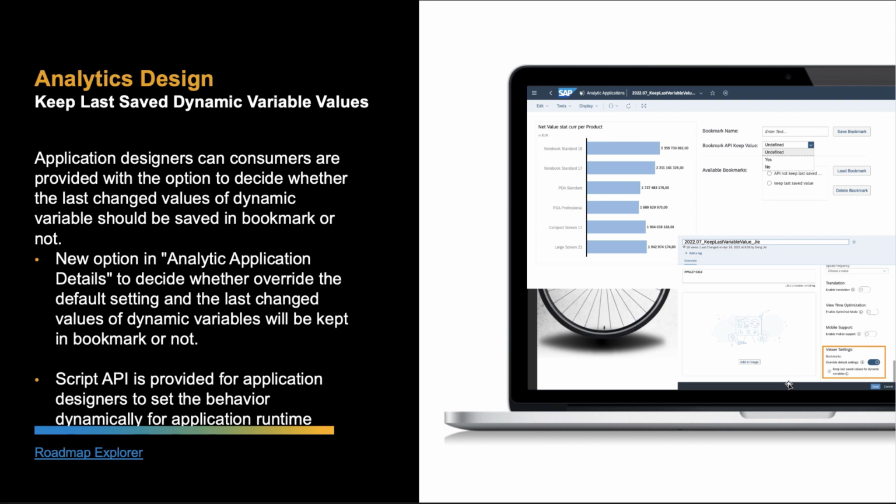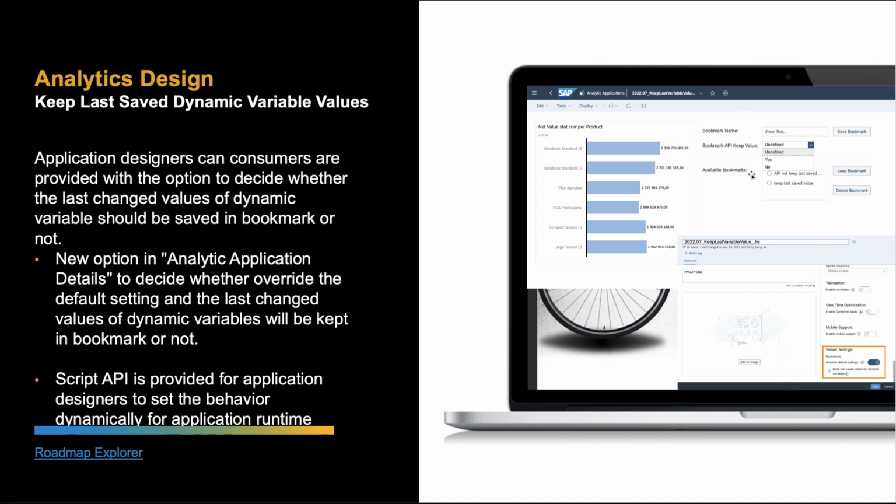In addition, if the end user wants to decide, we also provide a script API so that the application designer can develop the application in such a way that the end user has the option to select whether he wants to save the last changed values or the default values.